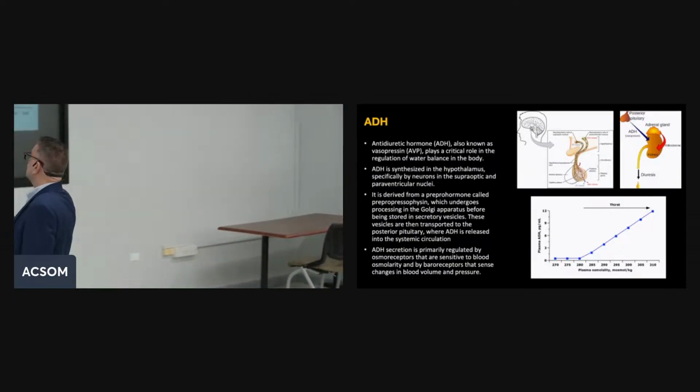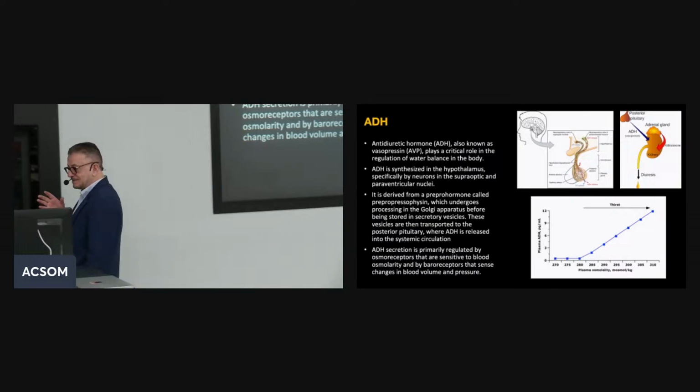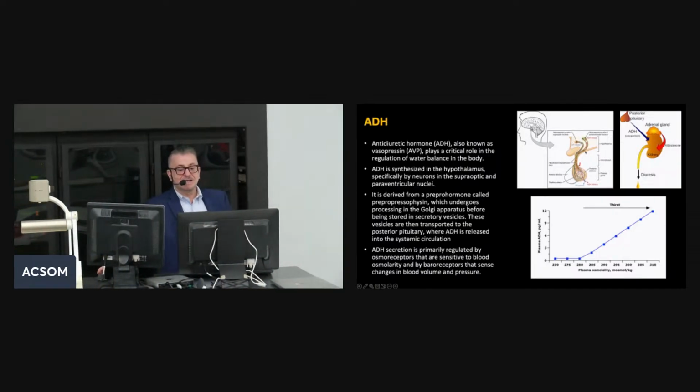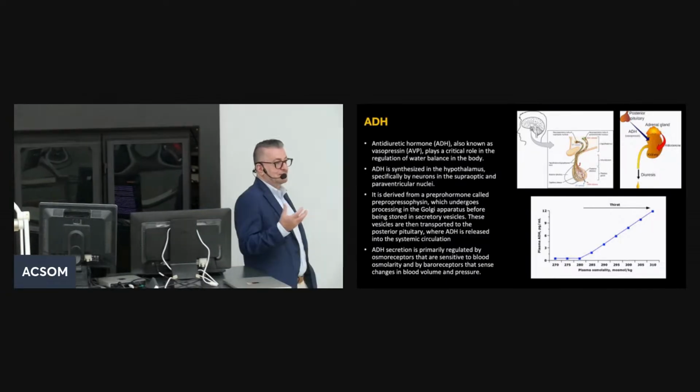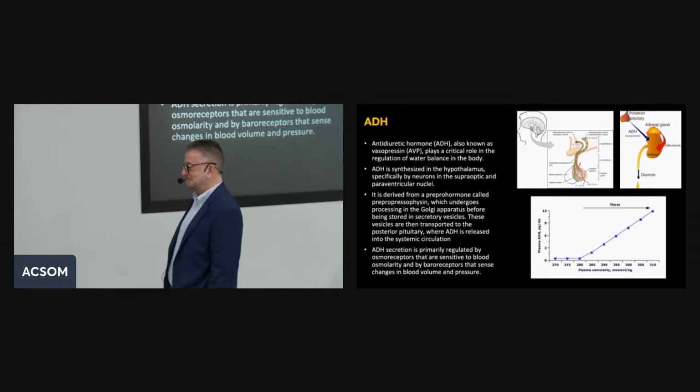So we have those sensors up there in the hypothalamus and they sense what's going on with the osmolality. They secrete ADH, which goes to the posterior pituitary gland, gets released, and goes to the kidney, and I'll show you what happens. But mainly, as the name indicates, it regulates the amount of water in the kidney.